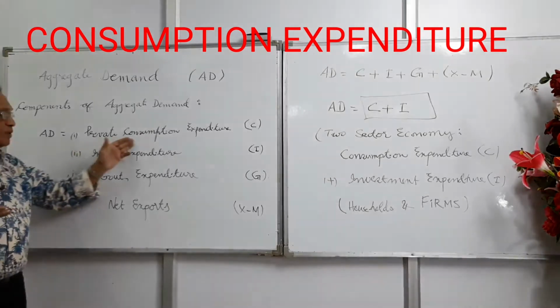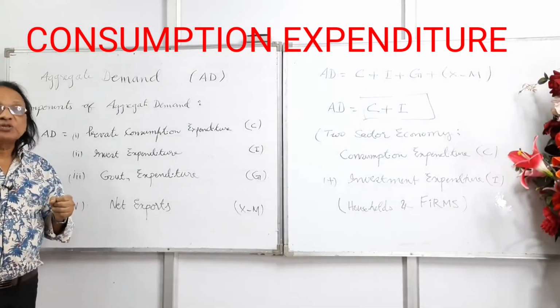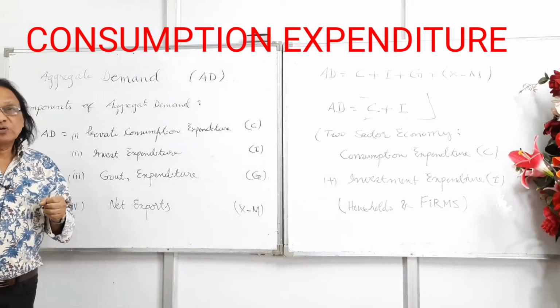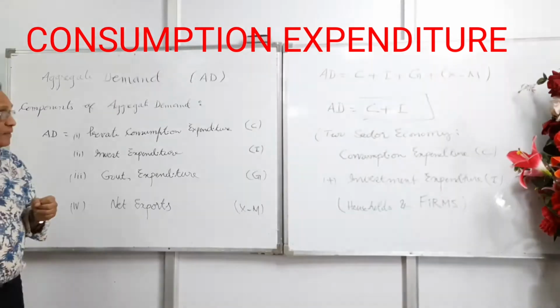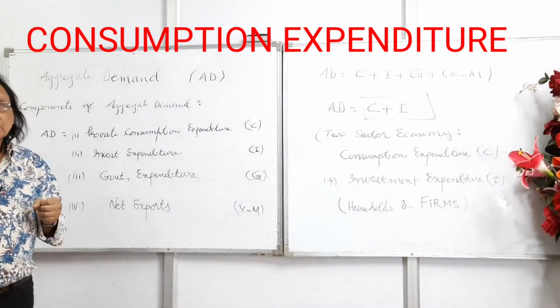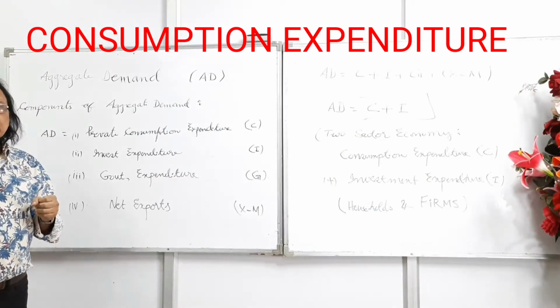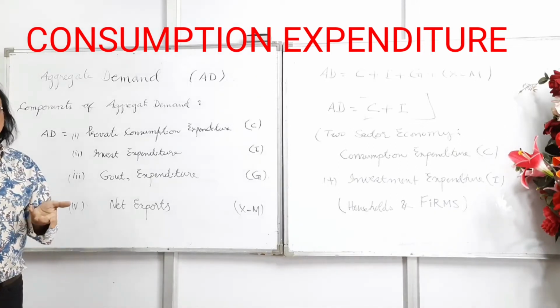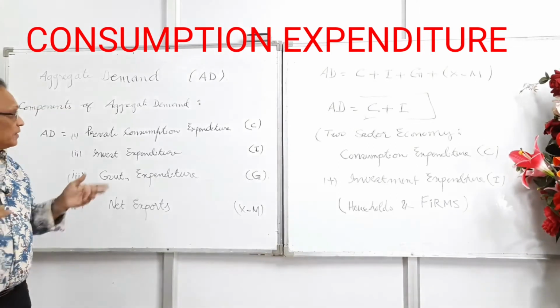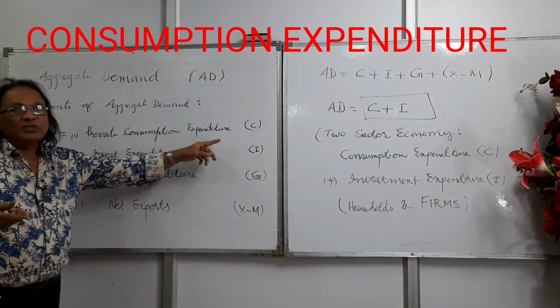So this is consumer goods, durable use. Semi-durable goods, households buy clothes, and non-durable goods, it can be vegetables, fruits, milk, and services of doctors, teachers, lawyers. This is the private consumption expenditure. We write it as C.